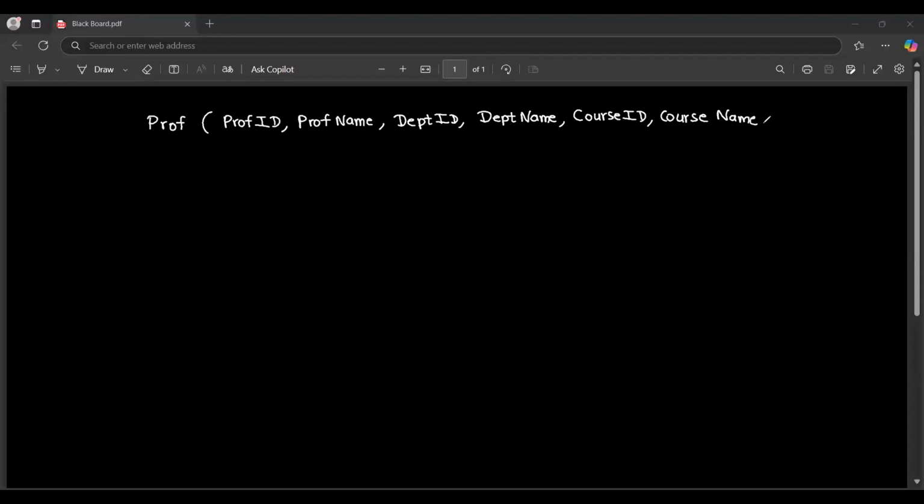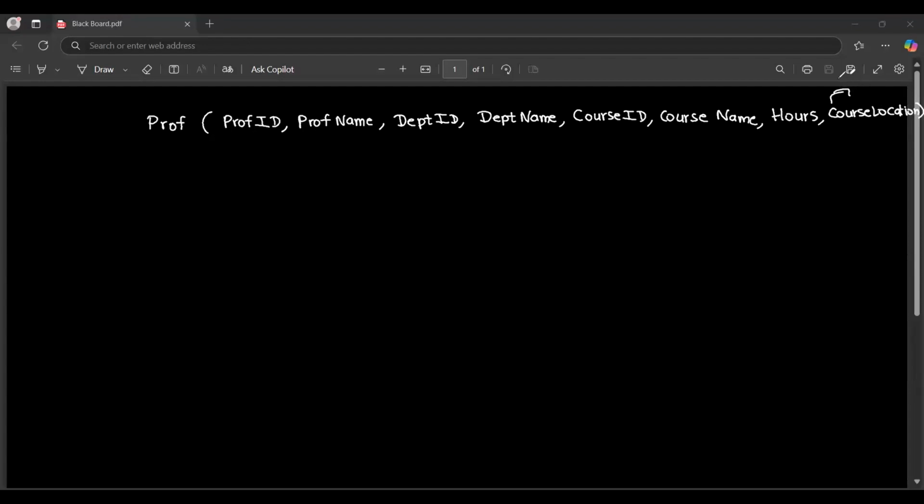Now let's say we have some relation like this, a prof relation that has prof ID, prof name, test ID, test name, depart, course ID, course name, and course location.